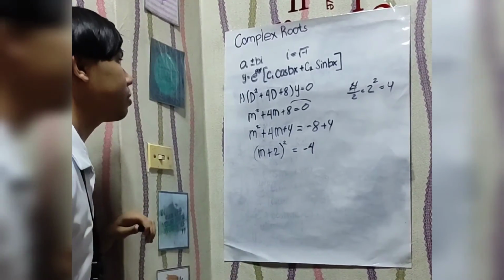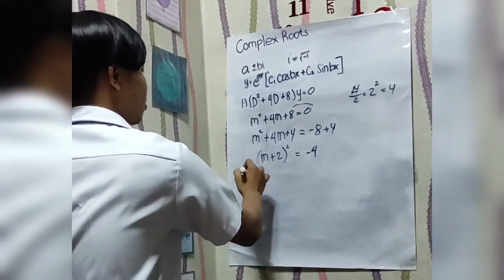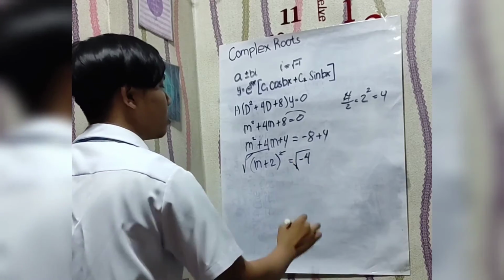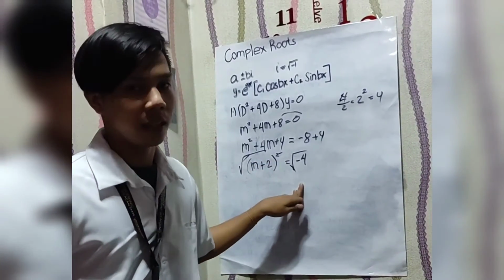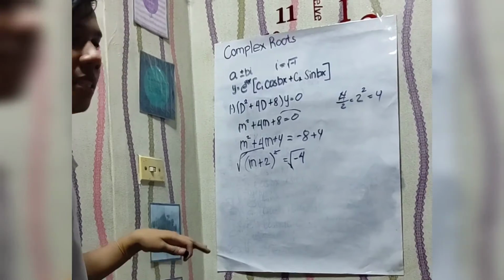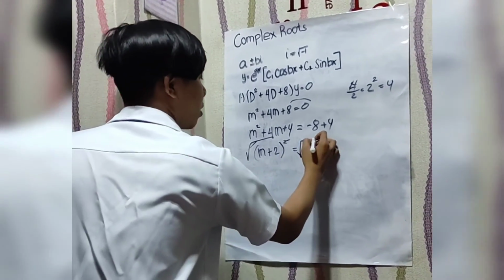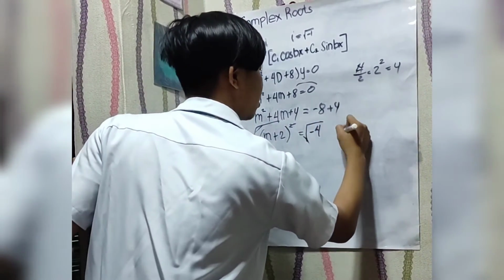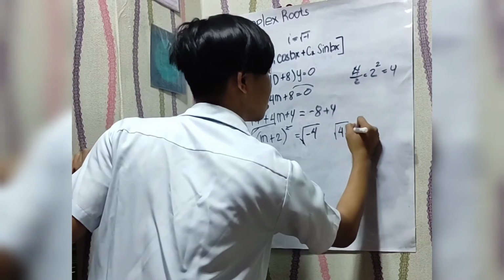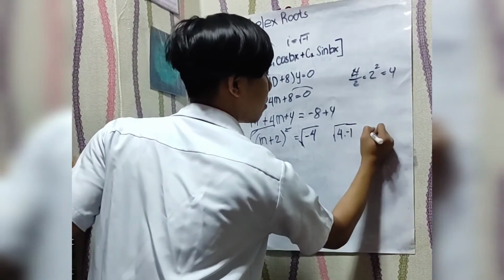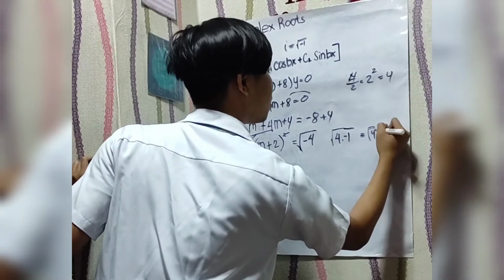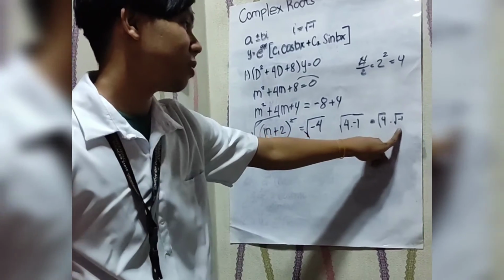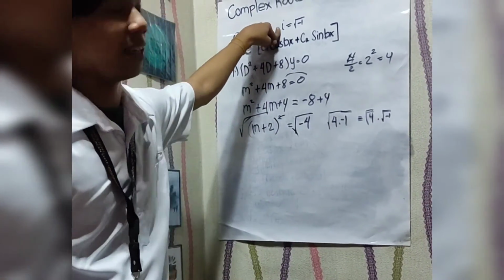Negative 4 po siya. I-square root po natin both sides. Makakancel po yung square. Ang square root ng negative numbers, imaginary po siya. So, ang gagawin po natin dyan, square root ng negative 4 is same as square root ng 4 times negative 1. Ito is same lang din po ng square root of 4 times square root of negative 1. Alam naman po natin na yung square root ng negative 1 is i.